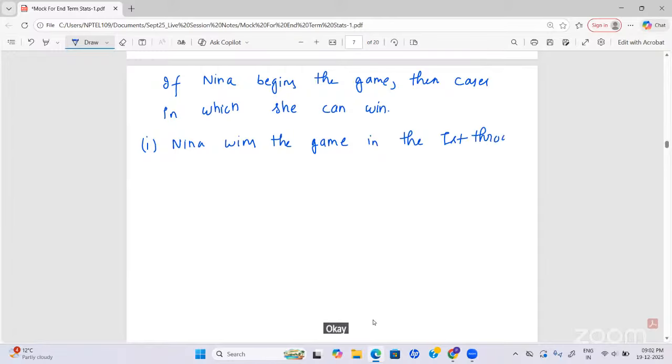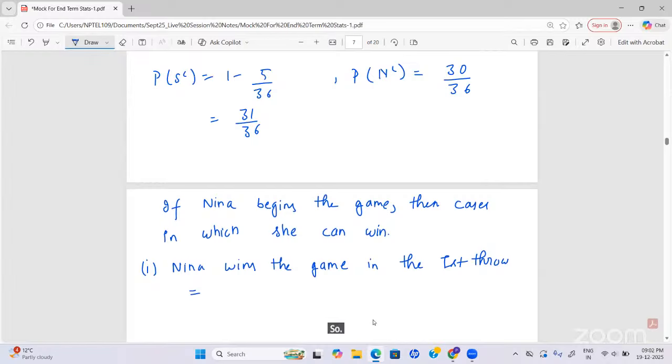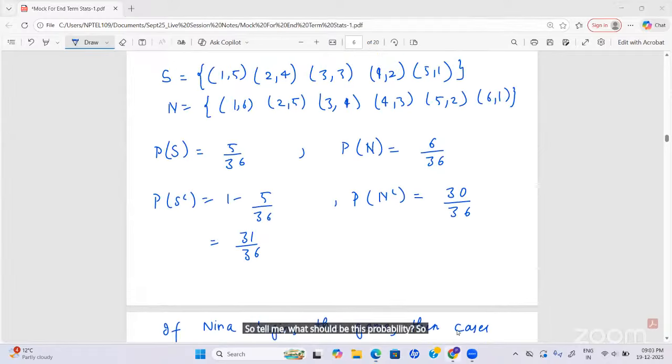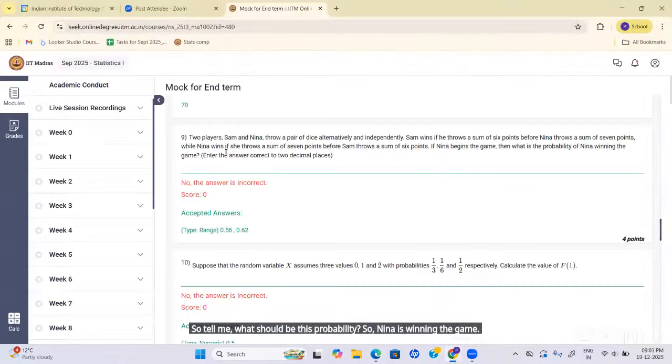Now we have to find the probability of this. So Nina wins the game in the first throw. Tell me what should be this probability? Nina wins the game if she throws a sum of 7 points before the sum of 6 points for Sam.